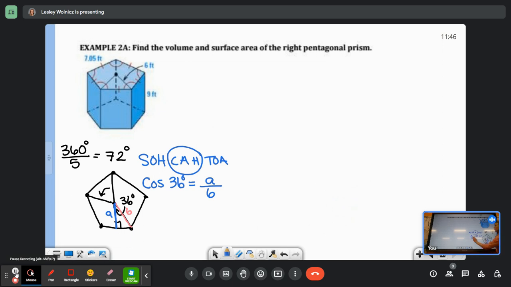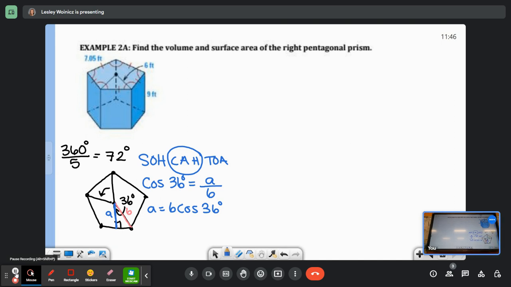Okay, so we want to find the apothem. So our apothem is 6 times the cosine of 36, because I have to multiply both sides by 6. So let's put that in the calculator. Make sure that you are on degrees and not radians.